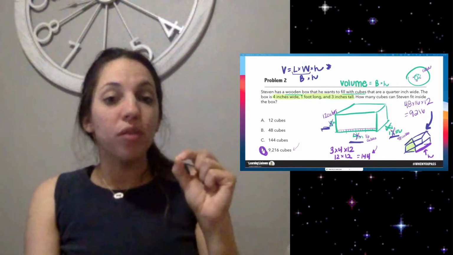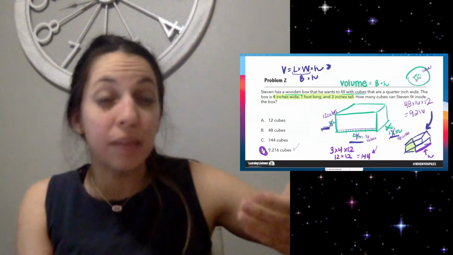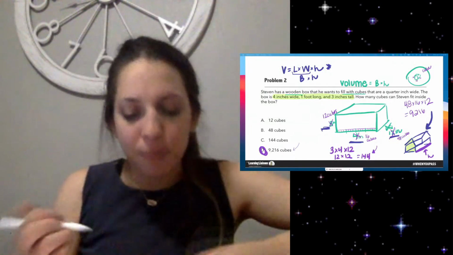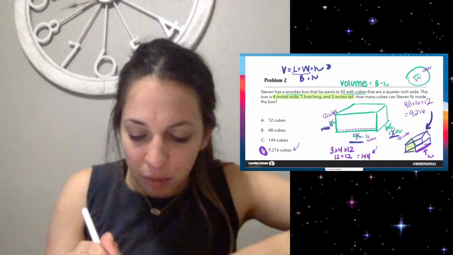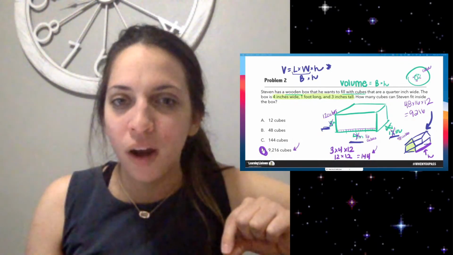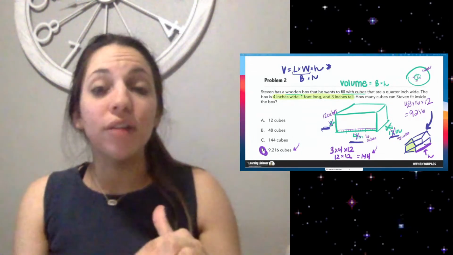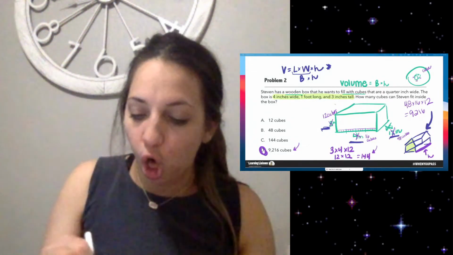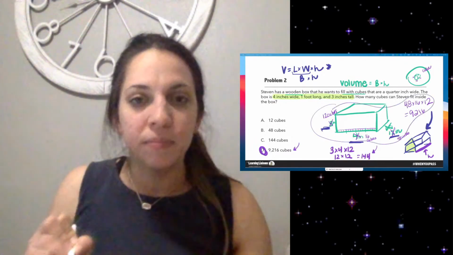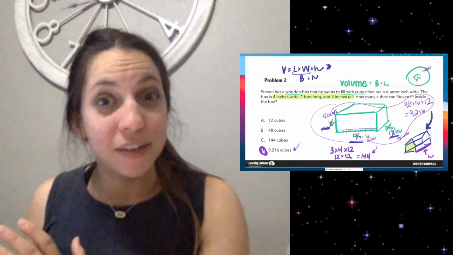And so I know that there's going to be more than 144 cubes in my box, which tells me this is the only viable answer because it's the only answer that's bigger than 144. That's why your answer choices are so critical because you could have saved all of that time. And that's valuable for when you get to problems that are a little bit more difficult.